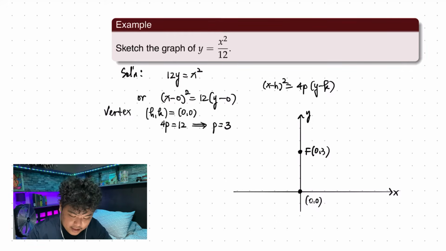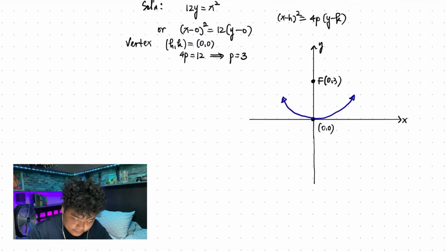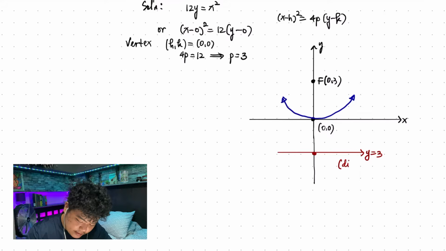So, your parabola will look like something. So, nasan yung directrix? Yung directrix nasa ilalim. Three units away din from the vertex from here. Kasi 3 units ito. So, 3 units dapat. Then, yung sa directrix. So, anong label nun? Y equal to negative 3. This is the directrix.